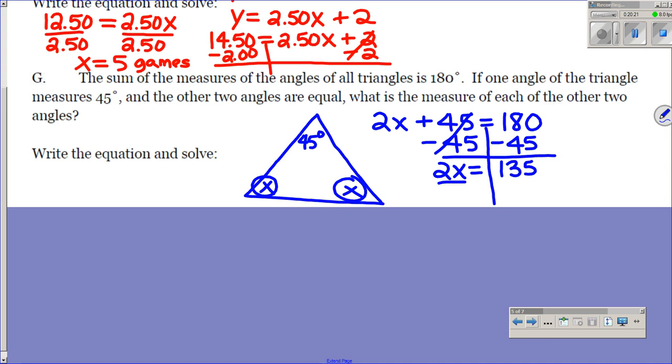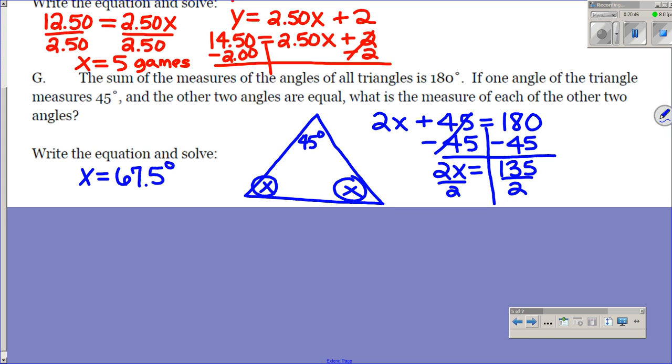And now we're going to divide each side by 2. And that simplifies to 67.5. So we know each angle measure that's missing measures 67.5.